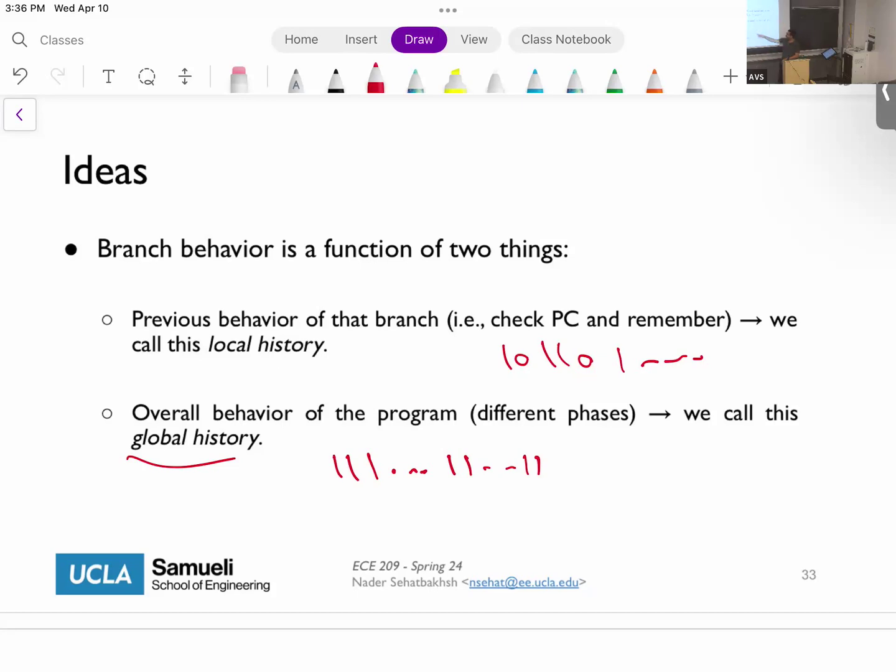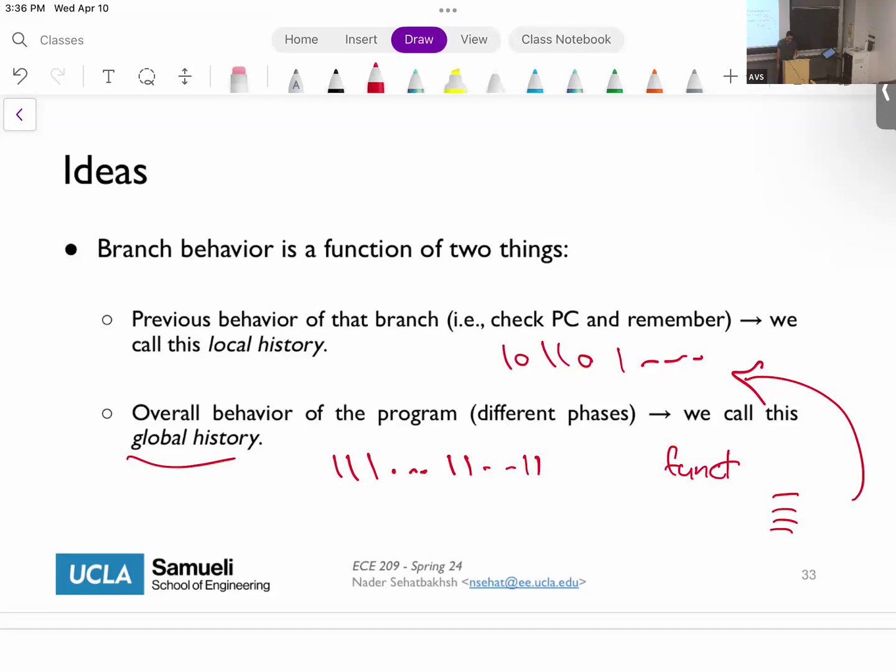The reason that both of these are important is that, of course, each branch's history is important, because if, for example, it is always taken for that branch, very likely that branch is going to continue to be taken. But another thing that people have found out is that the behavior of the program itself has an impact on the local branches. Because, for example, if you're calling a function, and then you do some branches within that function, that's your local history, right?